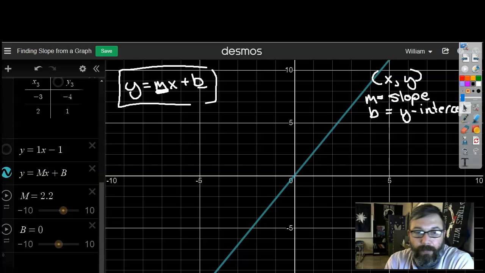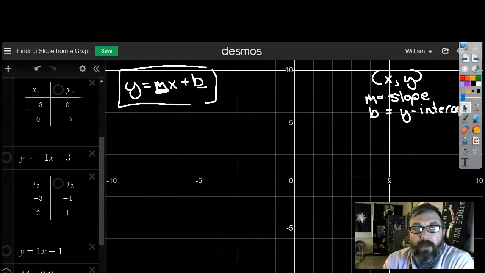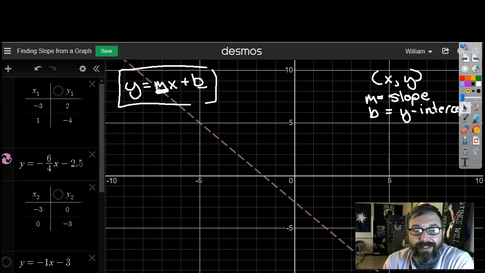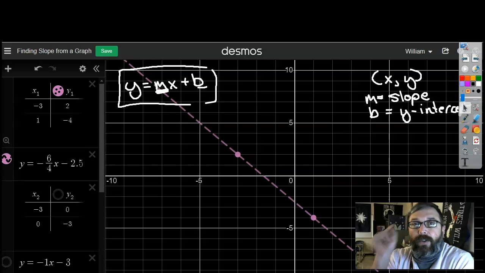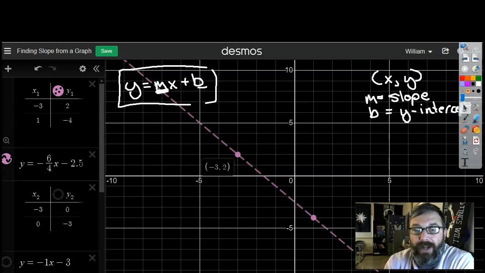That's what it is. Okay, so if I wanted to measure the steepness of this line, well, anytime I'm using a graph, they're going to give me specific points. And the reason they give me these specific points defined on the graph is so that I know those points are specifically on that individual point. So I can know that this point is on (-3, 2), and I know this point is on (1, -4).